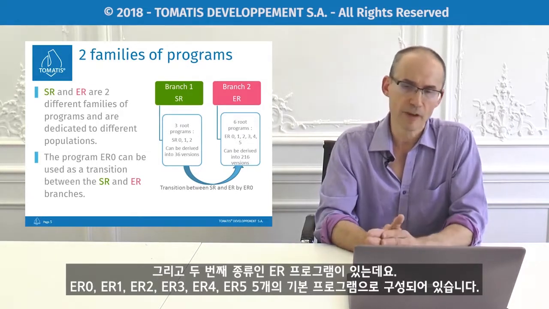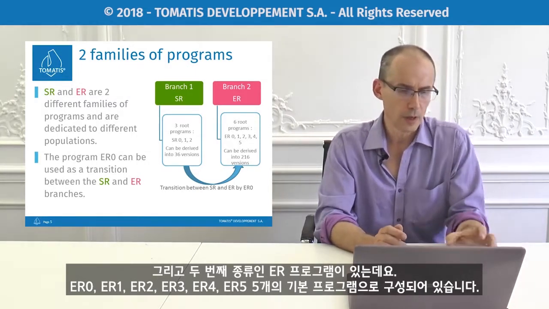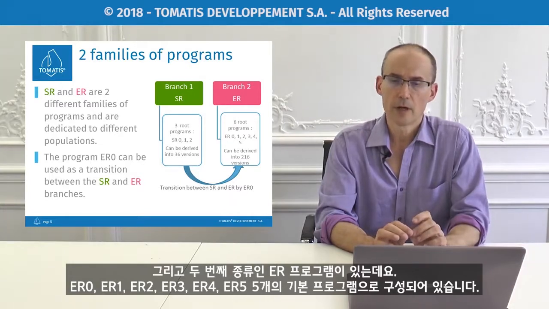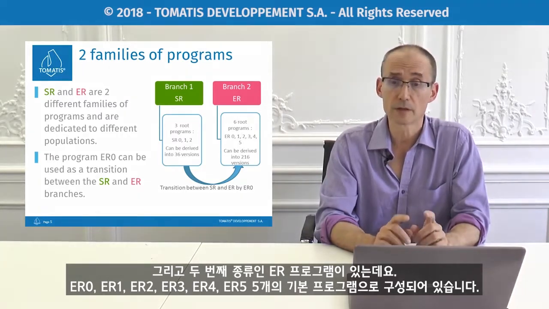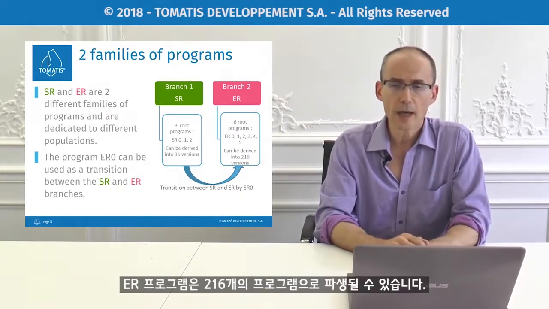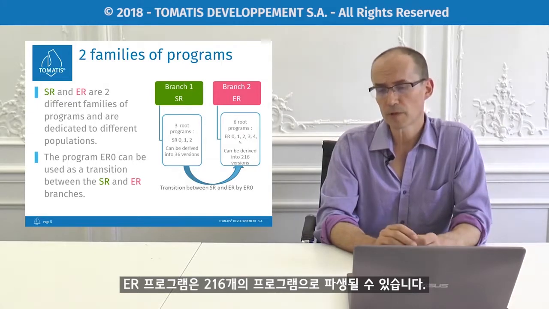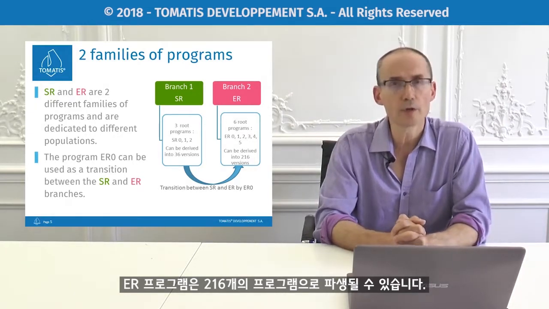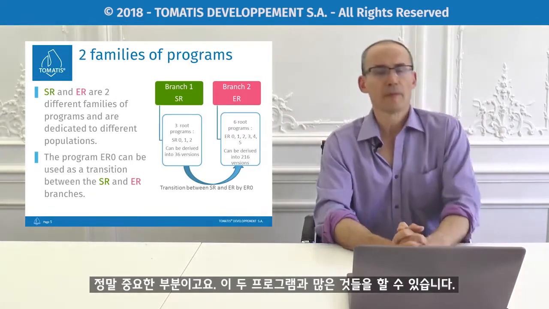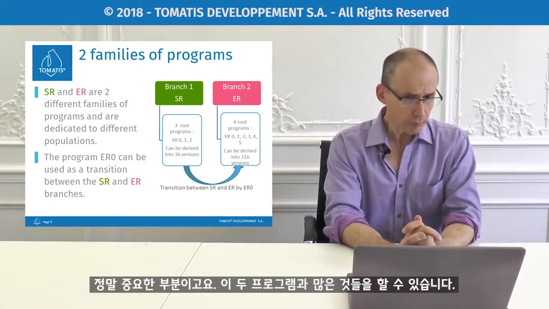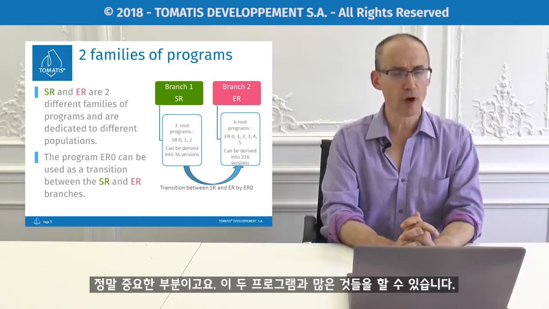Then you have the second family, the ER programs, endowed with 6 root programs, ER0 up to ER5, and the ER programs can be derived into 216 versions. So it's a big daddy now. A lot of things to do with all these programs.